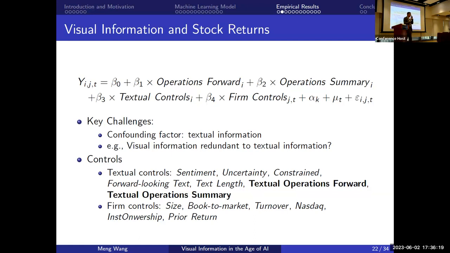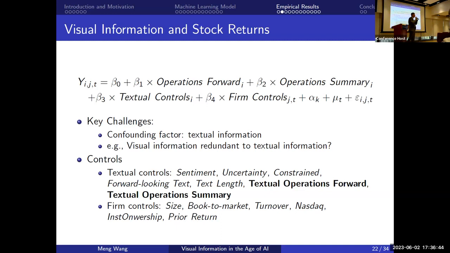What we have here is not just forward-looking visual information, it's visual information about the operations. Basically, you show the market visual information on, for example, a future product to be released in the next few months. That is essentially our definition of operations forward.